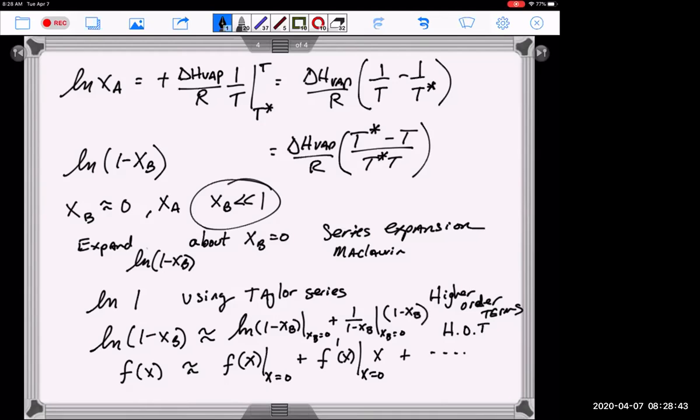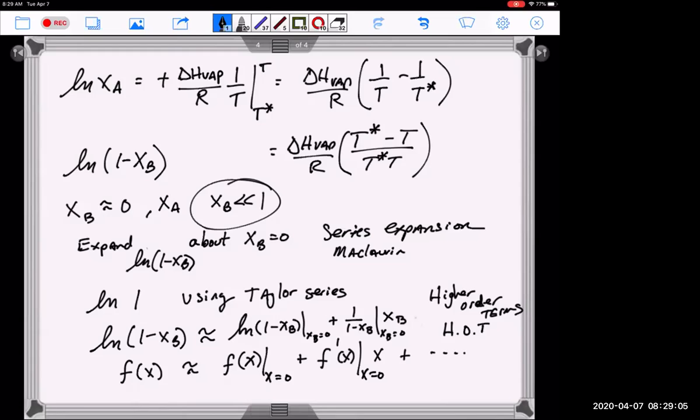If we're taking the Maclaurin series, then it's just xb, right? So that's sort of the difference. You could do the Taylor series, you could do the Maclaurin series.